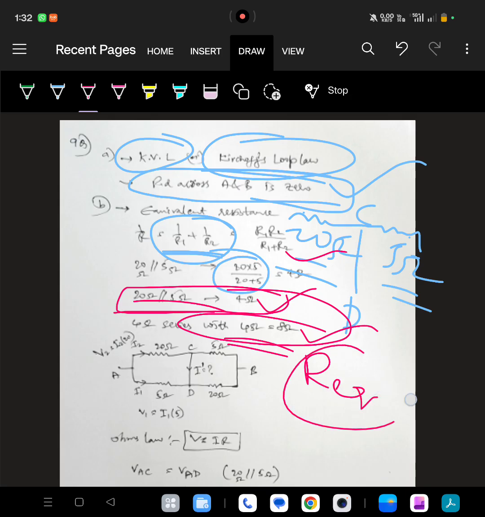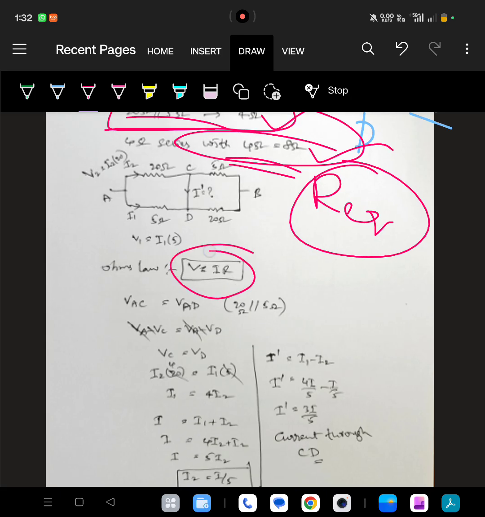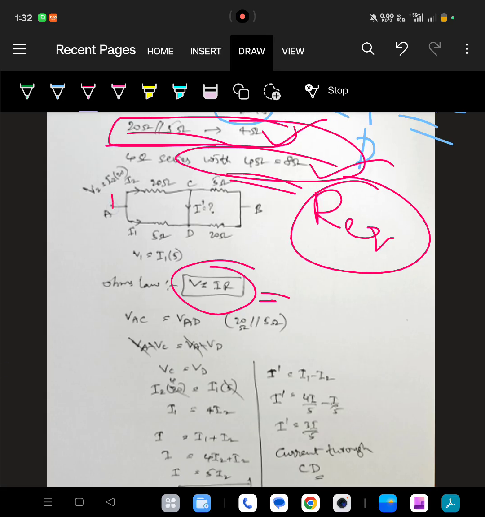R equivalent we got. Now we know Ohm's law: V is equal to IR. The current I flowing from point A is divided into I1 and I2. I2 is the current flowing through 20 ohms, and I1 is flowing through 5 ohms.